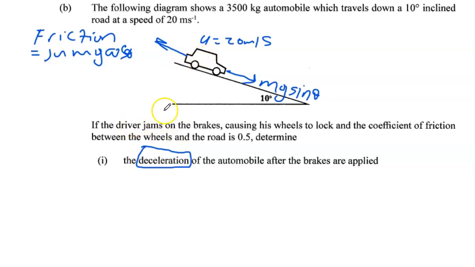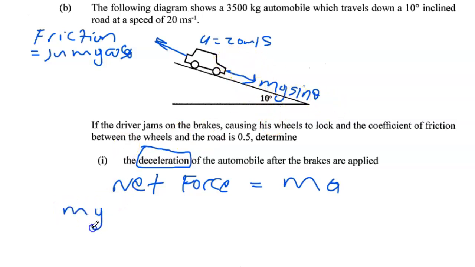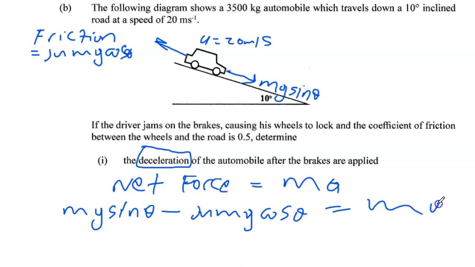So using Newton's second law, the net force is equal to mass times acceleration. So going down, when skidded, is mg sine theta, and opposing that is friction, mu mg cos theta, equal to ma.